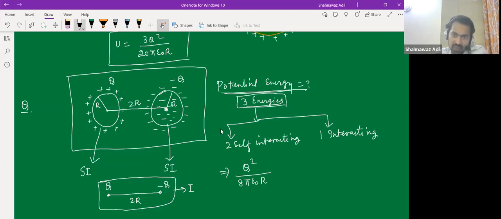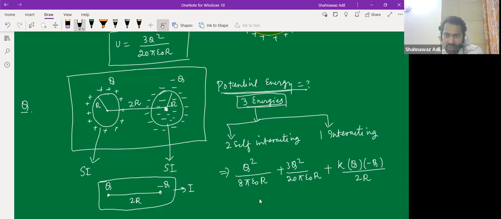And we have this one: 3Q square by 20 pi epsilon naught R, as Fia was saying. Understood? And now we have this interacting energy. That would be K times Q and minus Q by the separation, which is 2R. Clear?